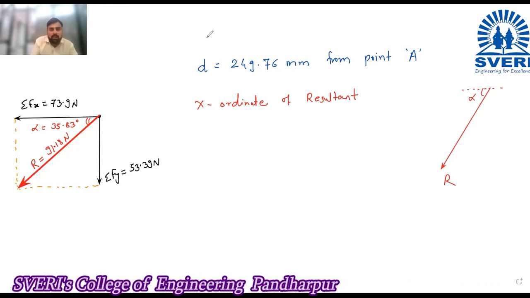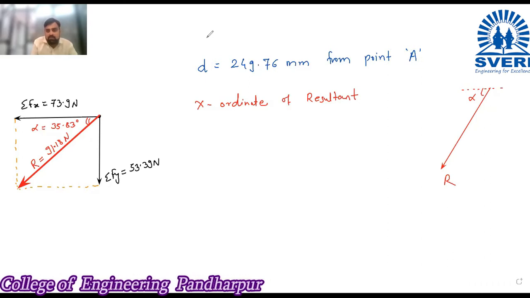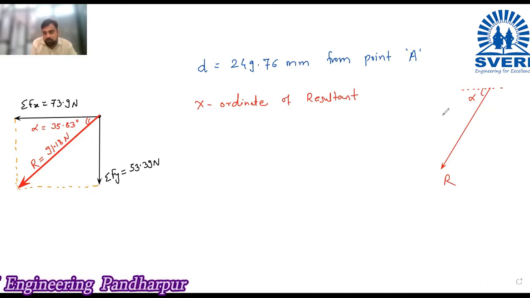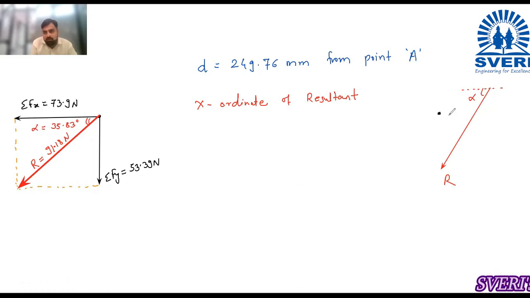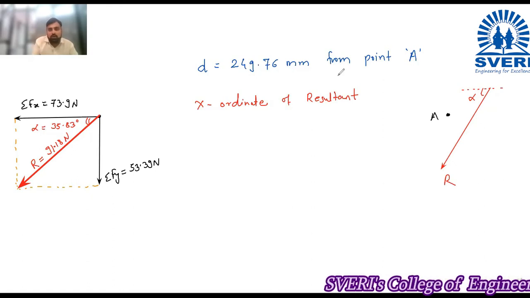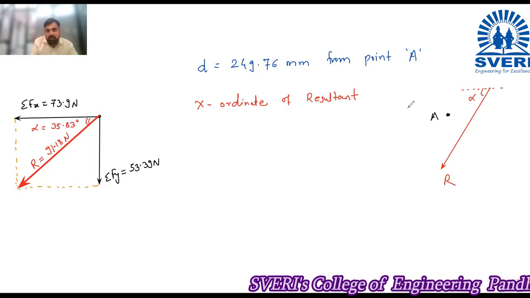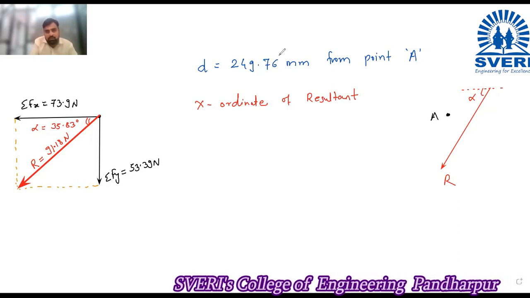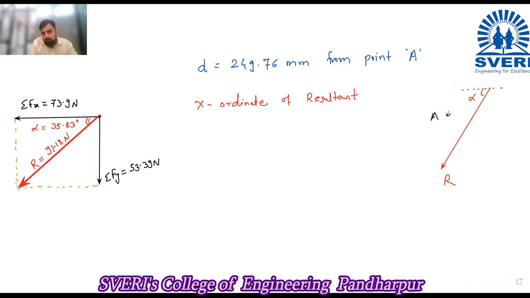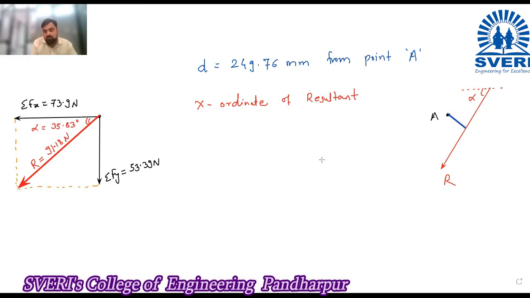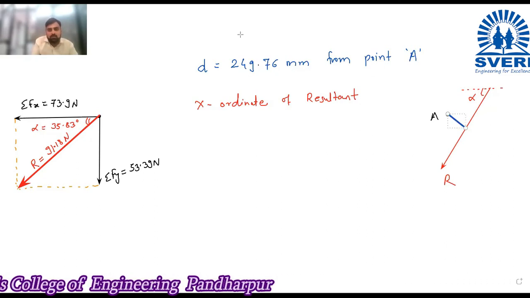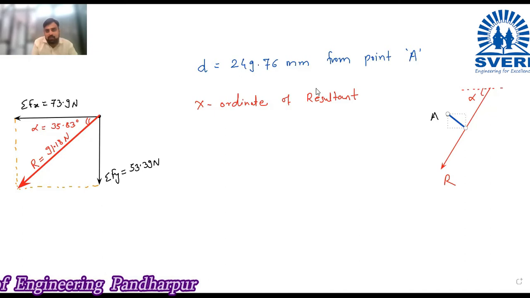Now our point A is situated somewhere here. This is our point A. D means the perpendicular distance of the resultant from this point. This is D.